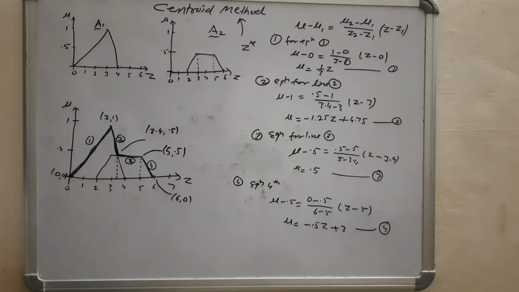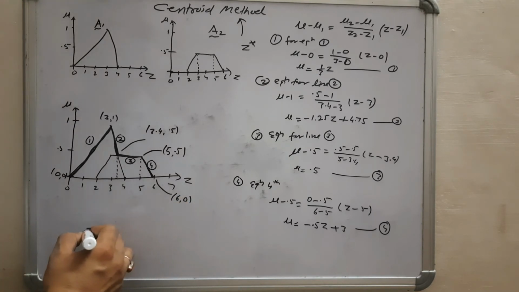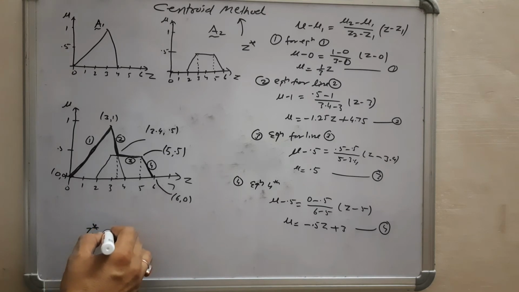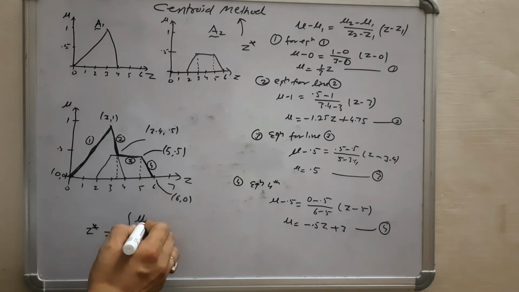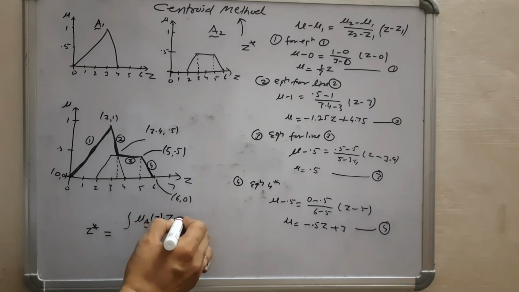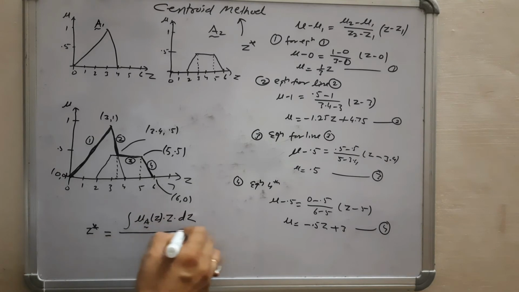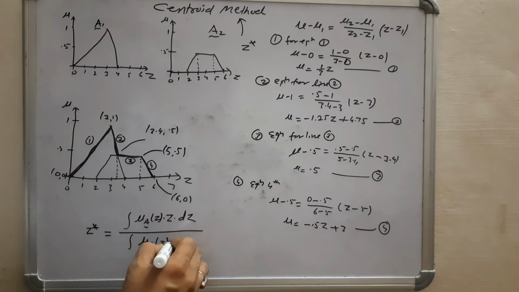So the formula for obtaining this defuzzified value is z star equals integration of mu A(z) z dz upon integration of mu A(z) dz.